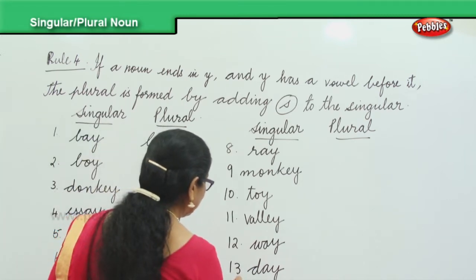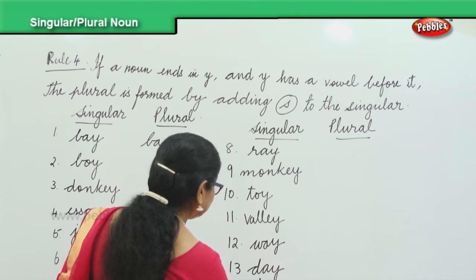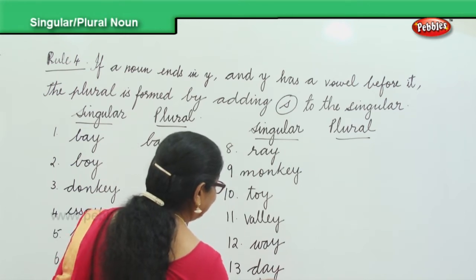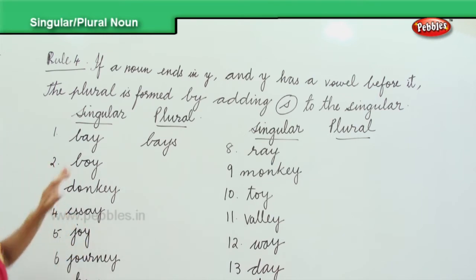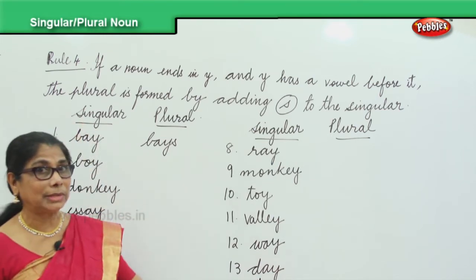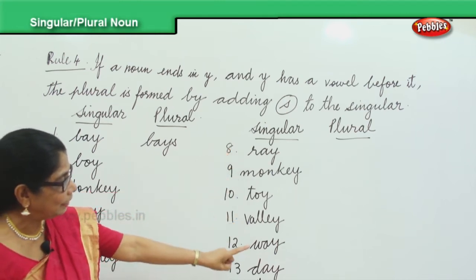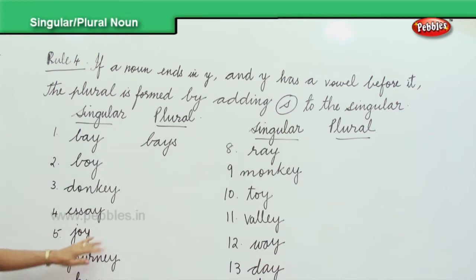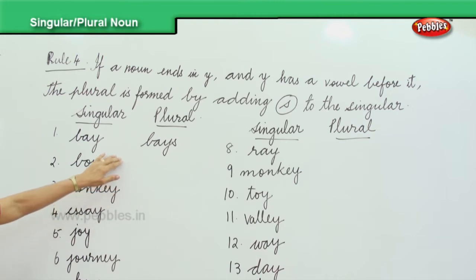Here the story is the building story, okay? You're talking about the building. Look at all the words I put up for you. The singular nouns I put up for you. Ray, monkey, toy, valley, way, day, story, key, journey, joy, essay, donkey, boy, bay.